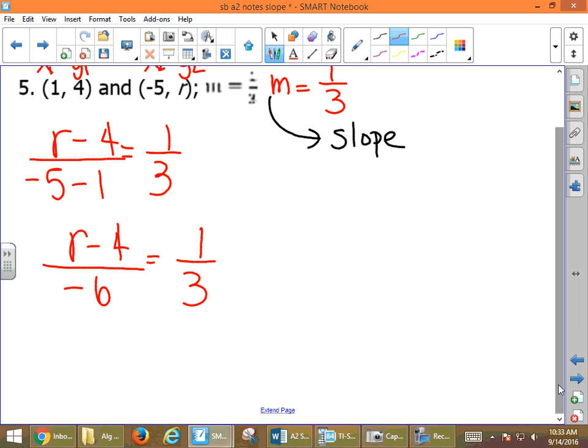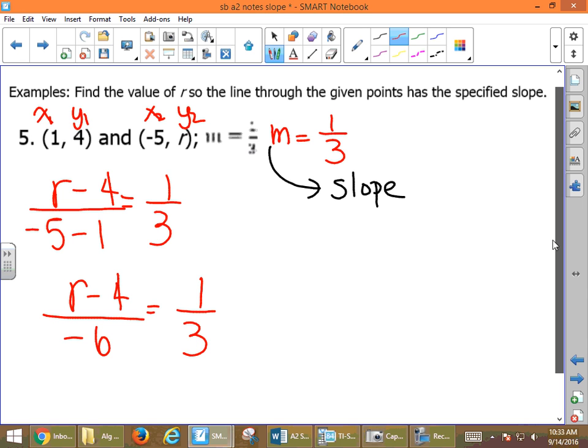Jordan? I mean, you couldn't see this, so I had to tell you what it was. So, which part are you looking at for the 1? y2 minus y1, there's the 4, over x2 minus x1.